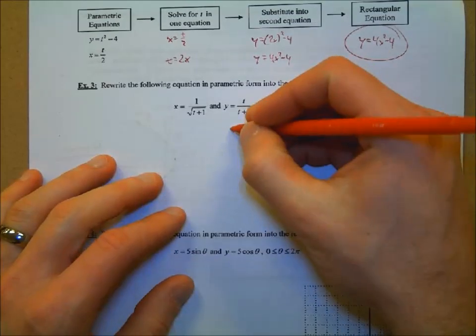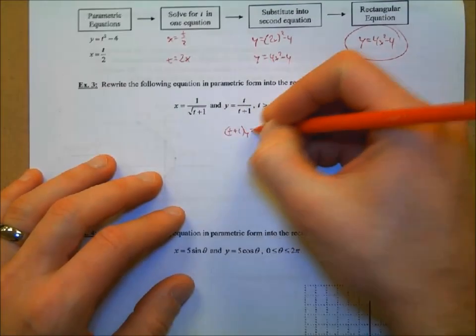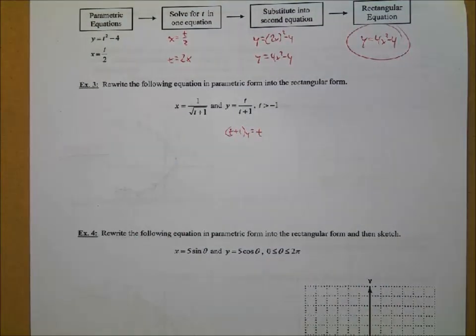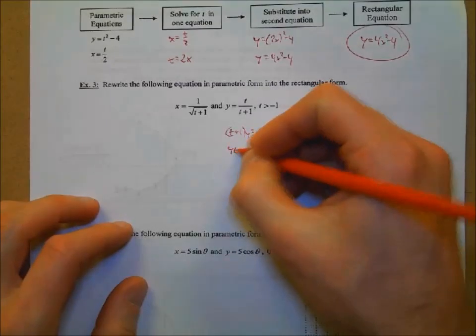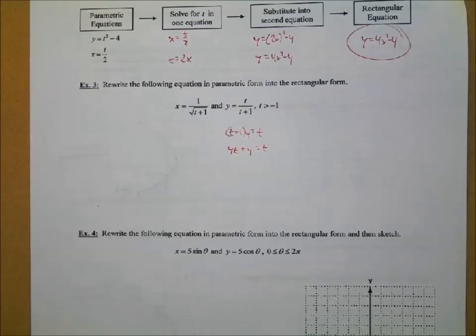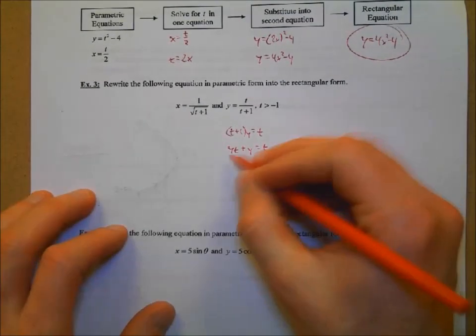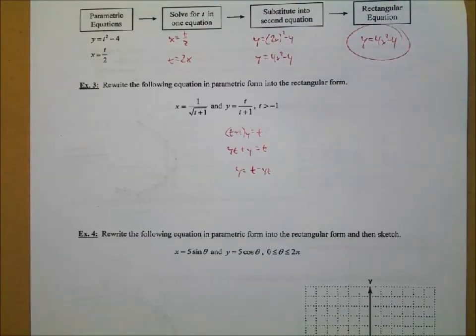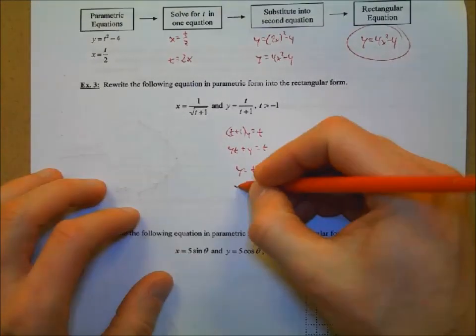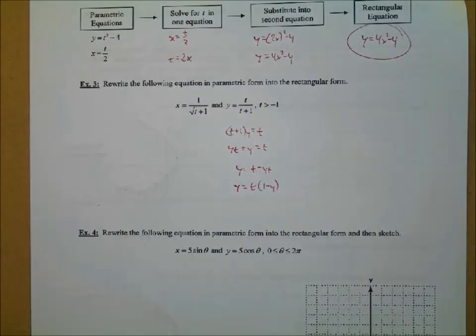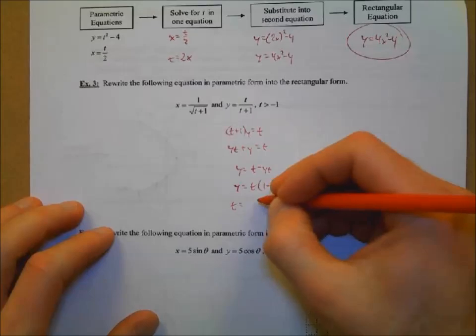We'll multiply the t plus 1 times y equals t. I just multiply both sides by t plus 1, and we get yt plus y equals t. I'm going to subtract yt from both sides to get the t's together. I'll factor a t out, and we can divide by 1 minus y, so we get t equals y over 1 minus y.